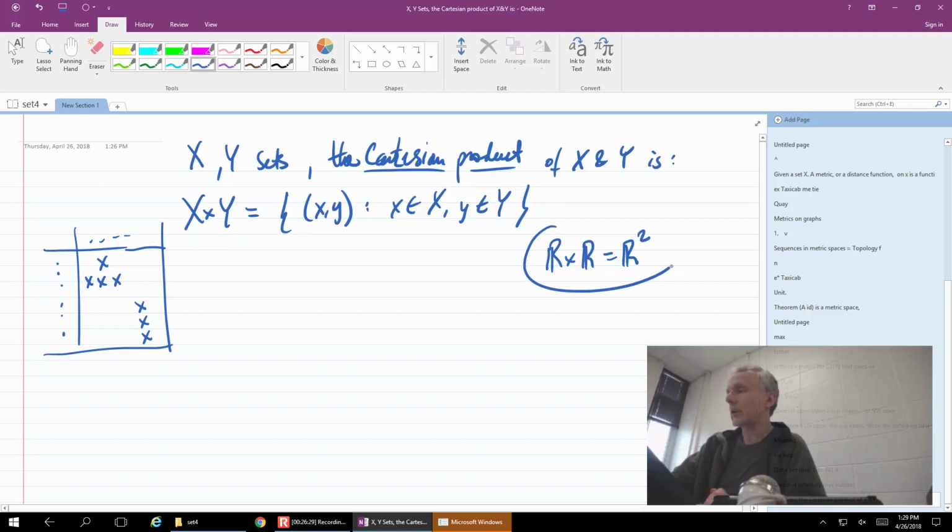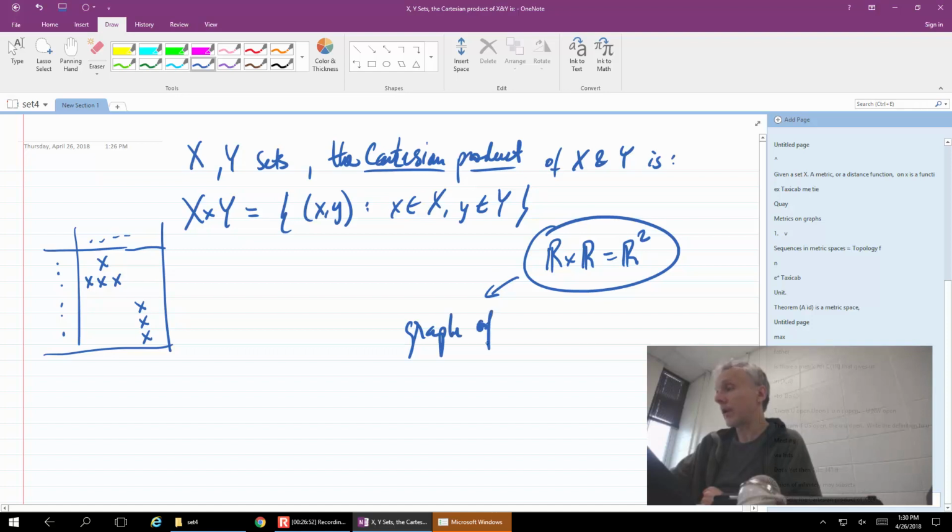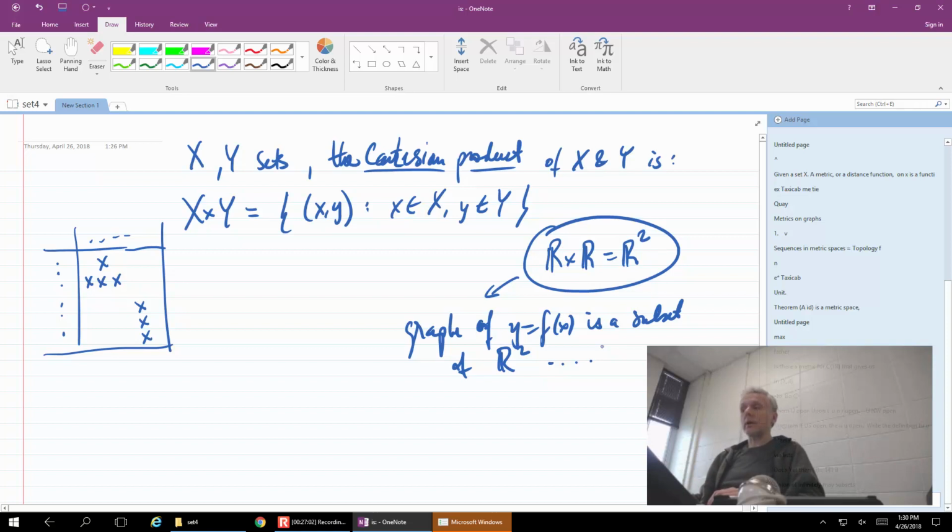This one is certainly to be remembered because it's very visual. From real numbers and real numbers, you have your plane of all the real numbers. Why was this important in Calculus 1? Because you did graphs. Graphs are subsets of the plane. The graph of y equals f of x is a subset of R2, with a certain extra restriction.